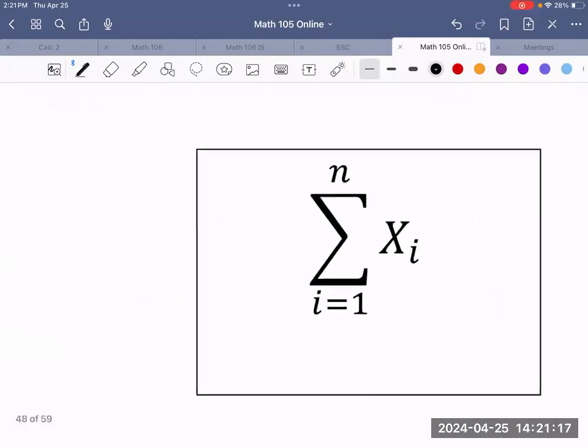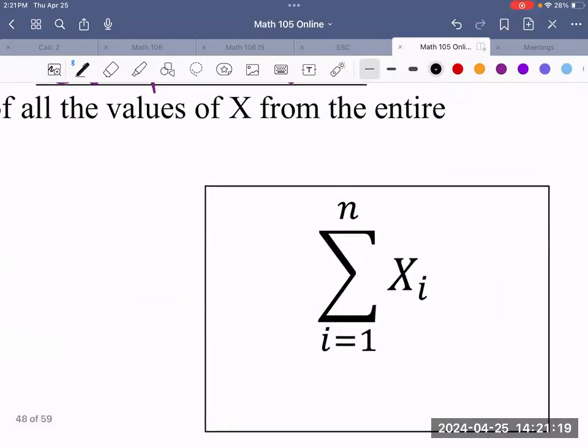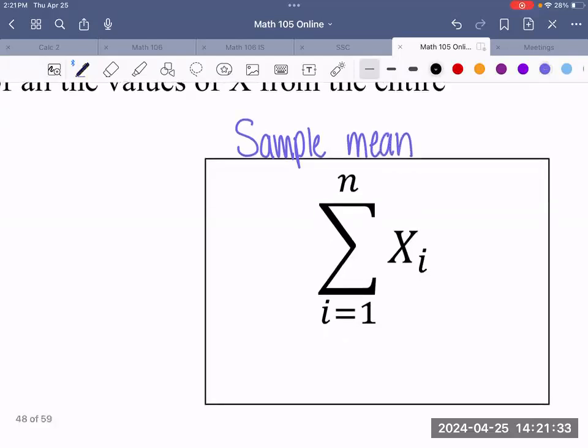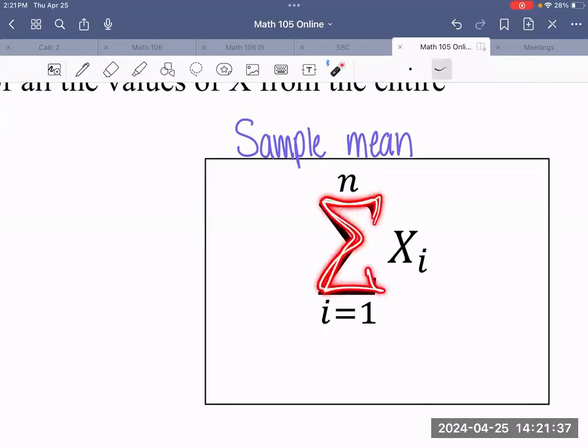we can actually condense the sample mean into a single equation. We have the summation. That's what this weird looking E is called.